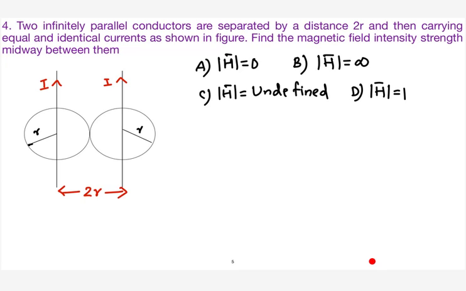You can solve this problem. So there are two current carrying wires which are located in that fashion, and you need to find out what is the magnetic field intensity exactly at the midway between them. This is a point.